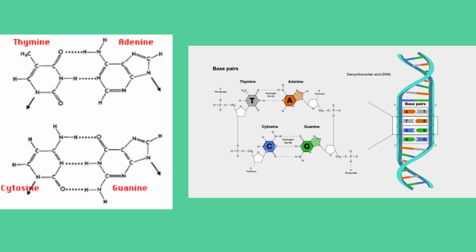The complementary pairing can also occur between two RNA molecules or between parts of the same molecule. In RNA, however, thymine is replaced by uracil, so uracil will be paired with adenine.